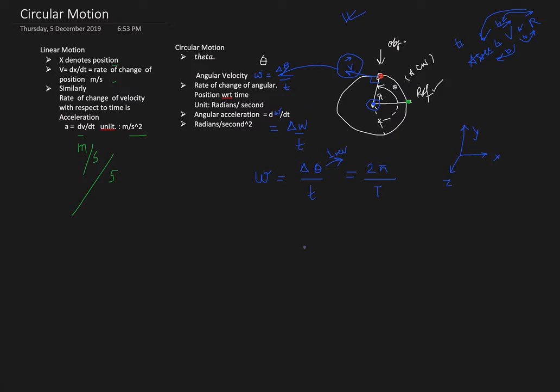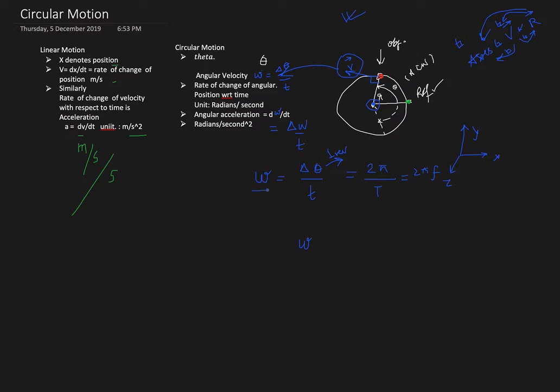So omega is 2 pi by the time period, which is written as 2 pi f. This is the conversion we need to remember: if we multiply 2 pi to the frequency, we get angular frequency, and that is the same as angular velocity.